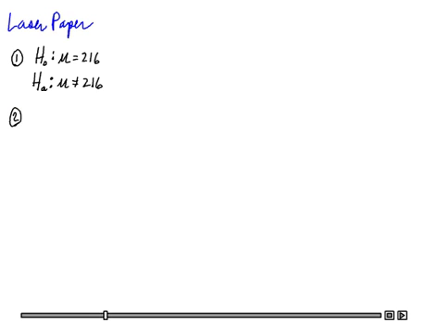In step 2, let's look at our sampling distribution. We are assuming that the null is correct, so the center of the distribution should be 216.